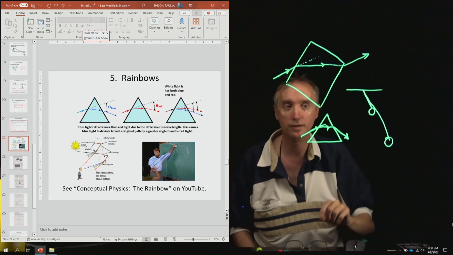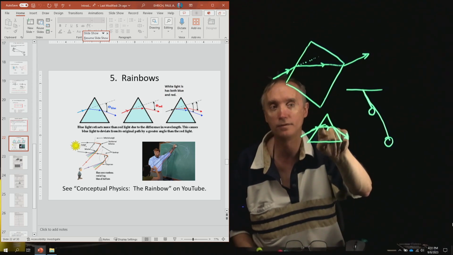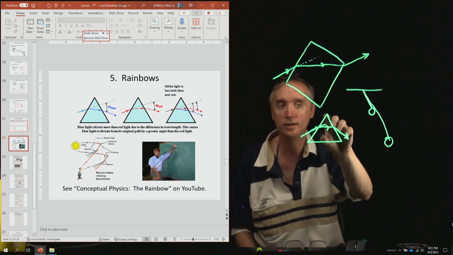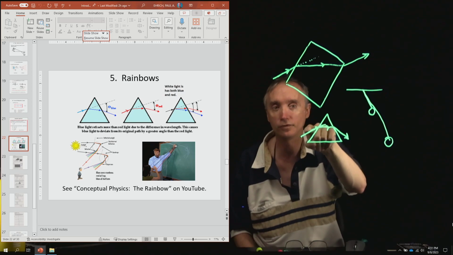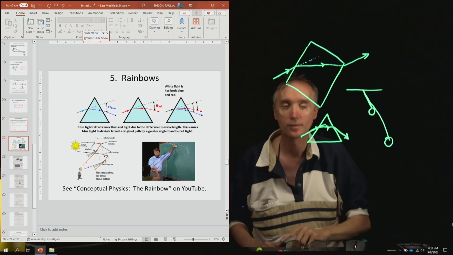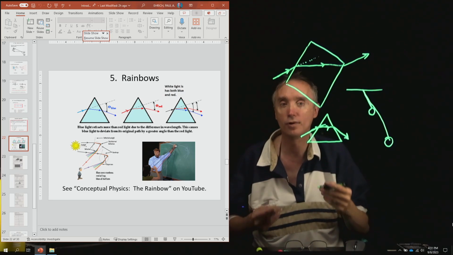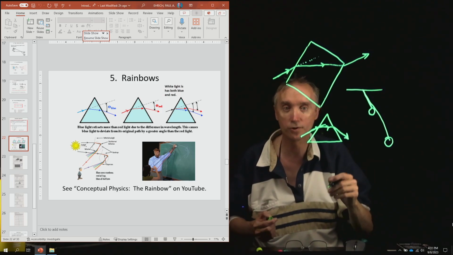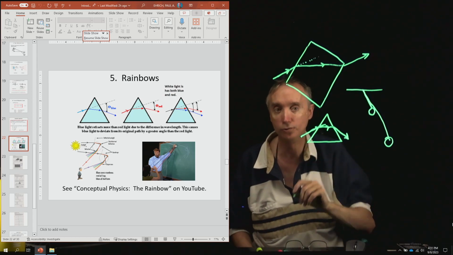So similarly, the properties of the atoms that make up this piece of glass are going to interact with different frequencies. And so we know that red has a longer wavelength and a shorter frequency than what blue does.